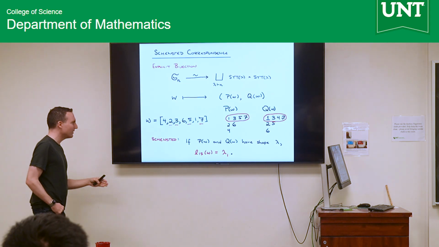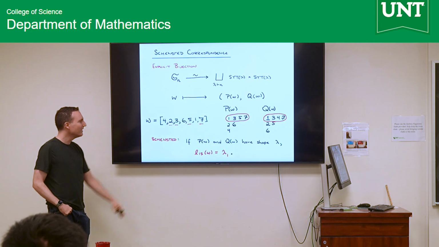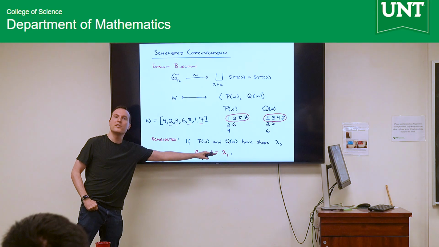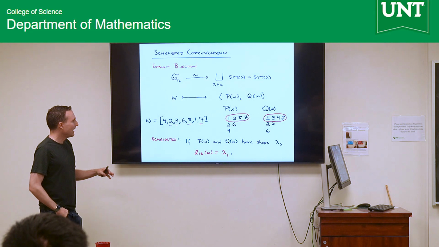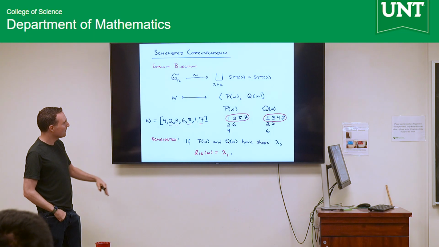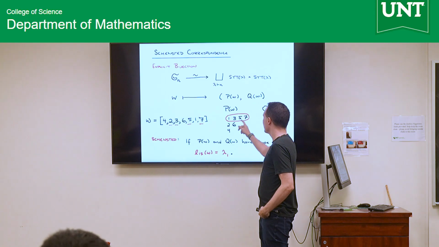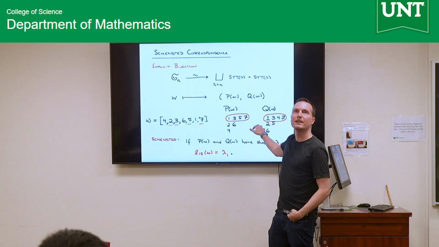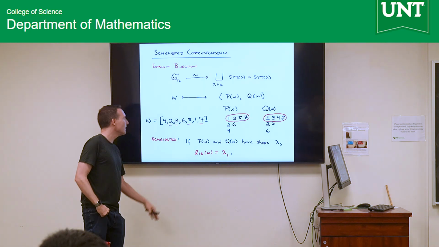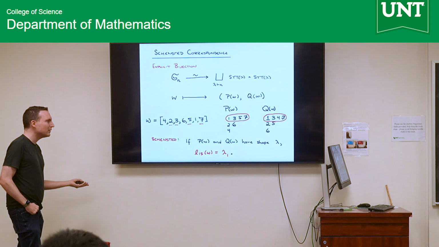But why was the Schensted correspondence originally introduced? It was originally introduced by Schensted, and Schensted was interested in this longest increasing subsequence problem, right? And Schensted not only defined this bijection in his paper, but he proved that the number of boxes in the first row of, well, either P or Q, because they have the same shape, is always equal to the length of the longest increasing subsequence of your permutation w.